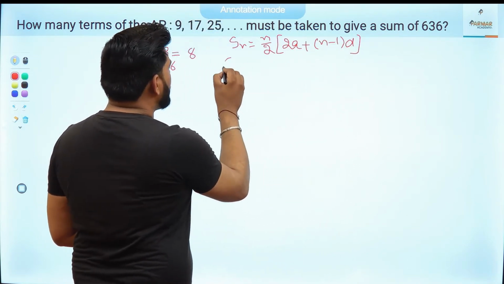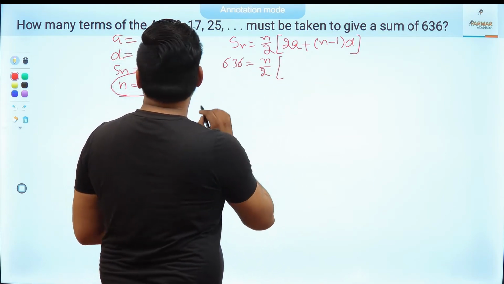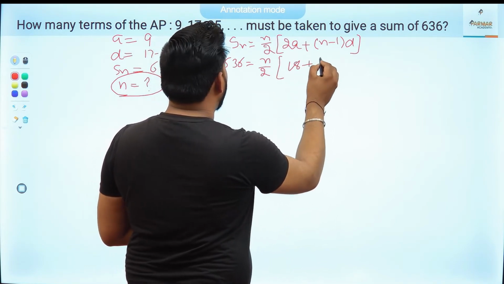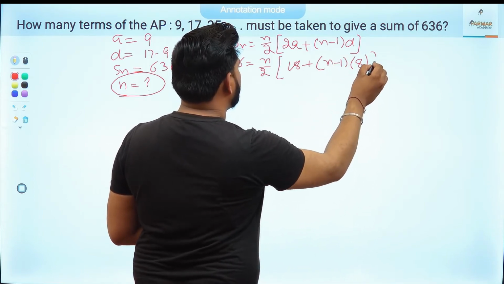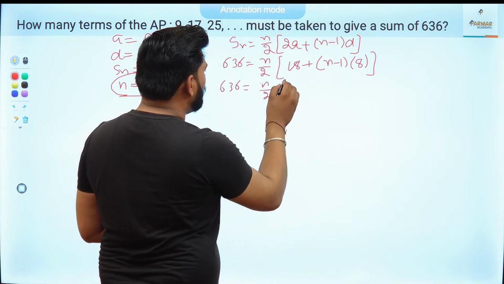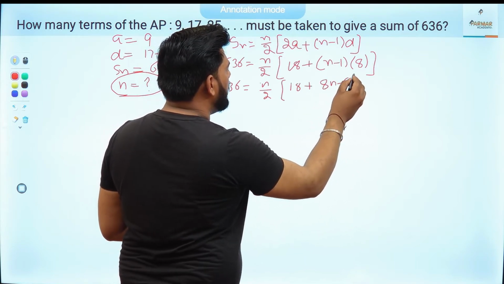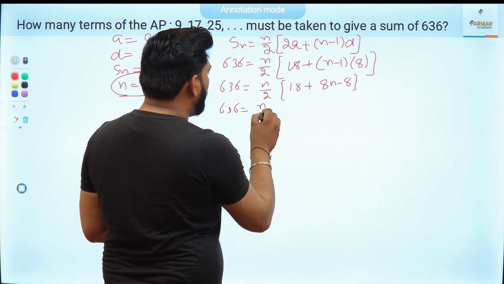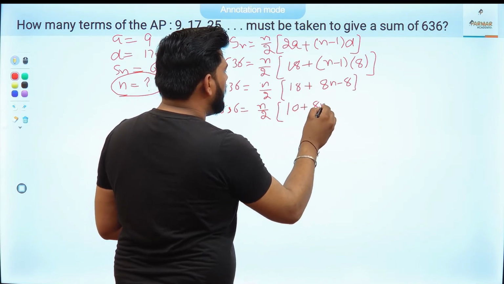Now put the values. Sn is 636, that is n upon 2, 2a, that is 2 9s are 18, plus n minus 1 into D, that is 8, is equal to 636 equal to n upon 2, 18 plus 8n minus 8, that is equal to 636 is equal to n upon 2, 18 minus 8, that is 10 plus 8n.